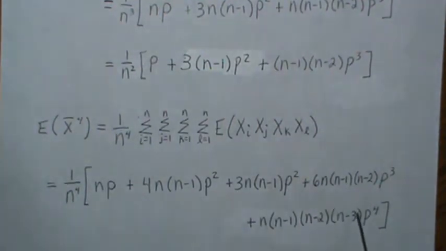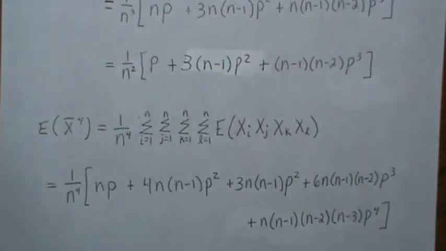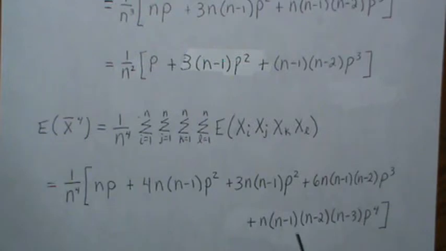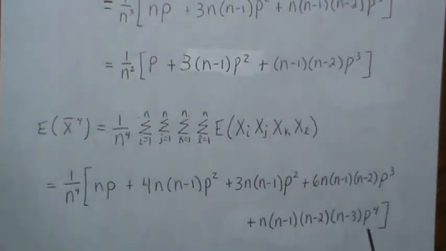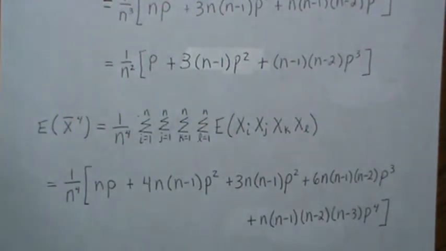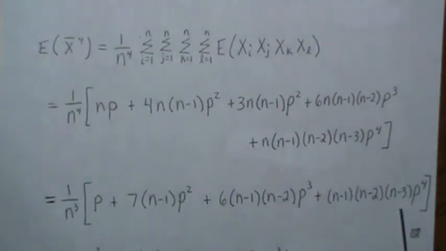And then there's 6 ways to create that scenario where 2 match and the others don't match. And this one is that none of them match, and so there's n times n minus 1 times n minus 2 times n minus 3 ways to pick unique numbers, and then that's p to the 4th. So to simplify that, we get to this.